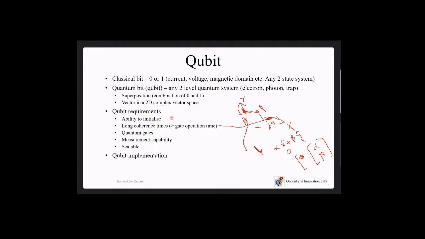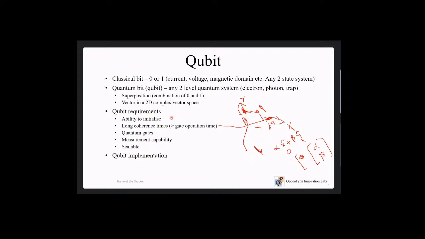Similarly, when you have a qubit, you would want the ability to initialize it to 0 or 1. In the case of a classical bit, you would want the ability to keep it at its value. If you write something into a pen drive, say, you would want it to remain there for a long time. Similarly, in the case of a qubit, if you set it to a particular value, you would want it to remain there for as long as possible.